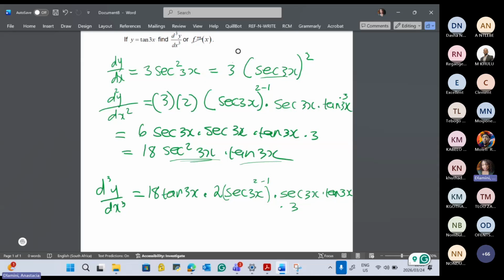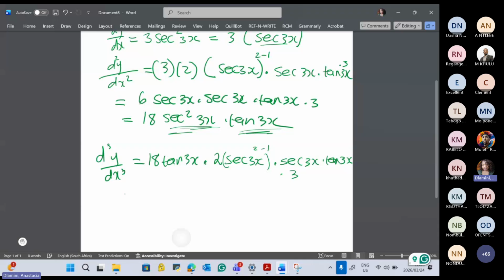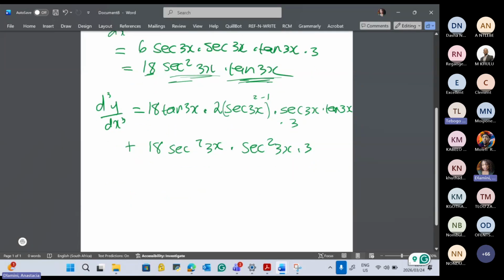Now we are done with this, so we differentiate this. So it's plus 18 sec squared 3x times the derivative of tan 3x, which is sec squared 3x times 3. Are we together there, guys? Yes. Okay, so what is 18 times 2 times 3? 54.